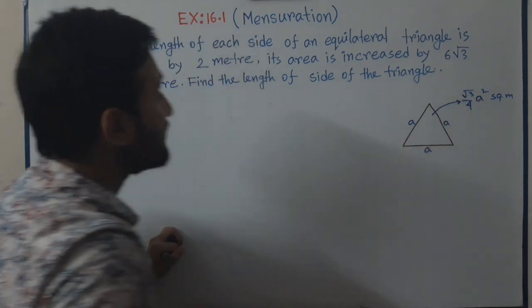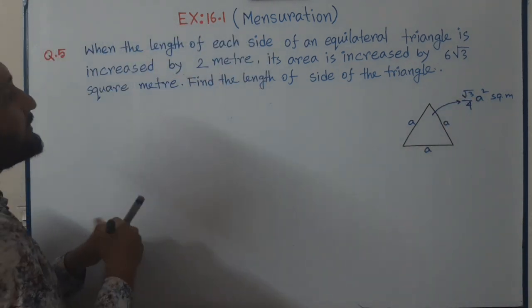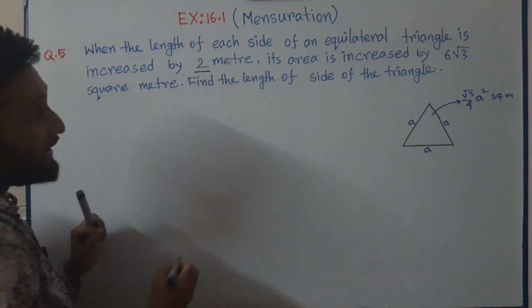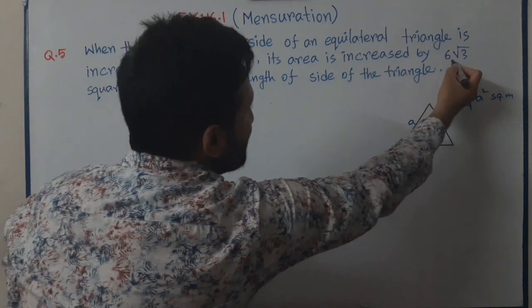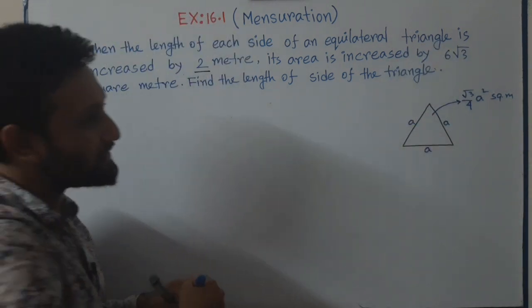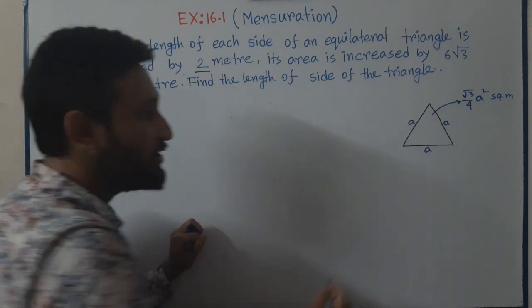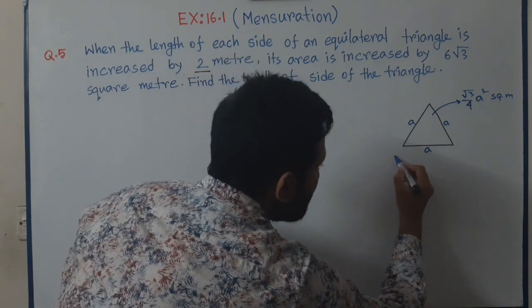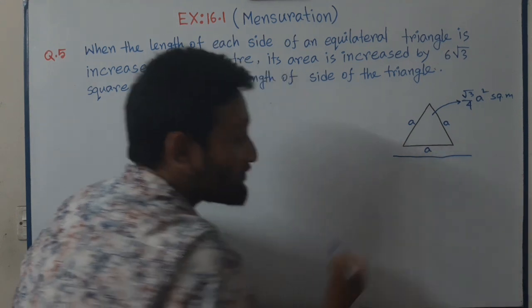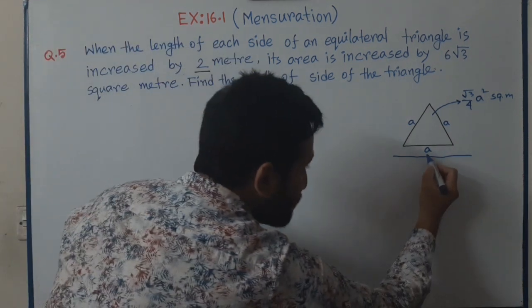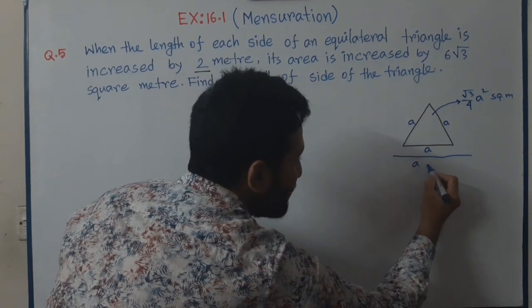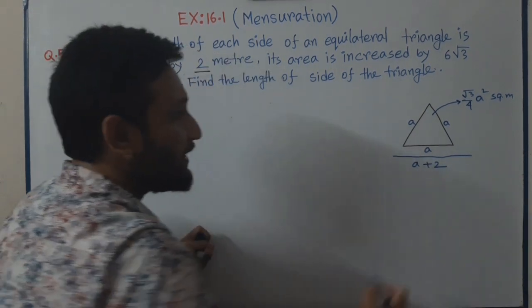Now, according to the question, if each side length is increased by 2 meters, its area increases by 6 root 3 square meters. So the newly formed equilateral triangle is as shown. Suppose the previous triangle's side length is A. If 2 meters is added, the new side length is A plus 2 meters.